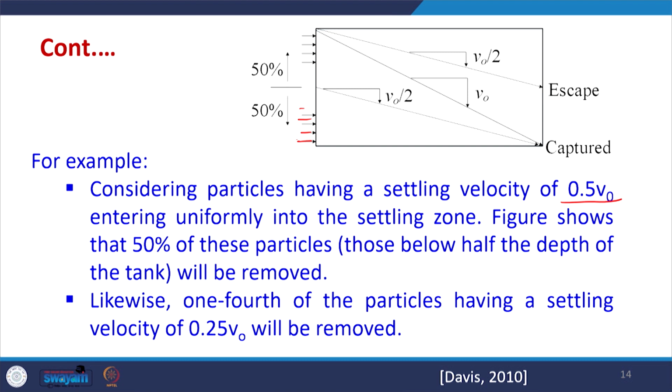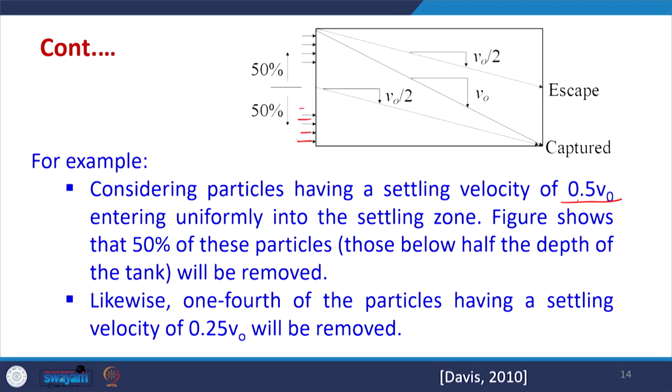Now, it is not that only those particles will be captured. Particles less than that critical diameter will also be captured, depending upon where they are entering. Suppose they have a terminal settling velocity of 0.5 V0. Under that condition, the particle entering here will be captured, but those entering above that will escape.